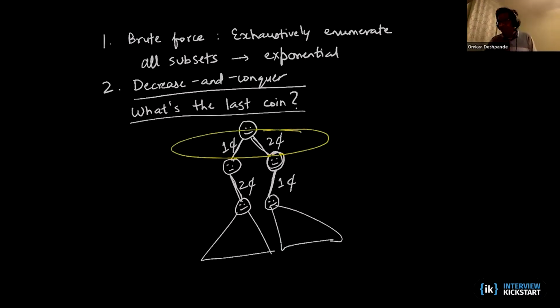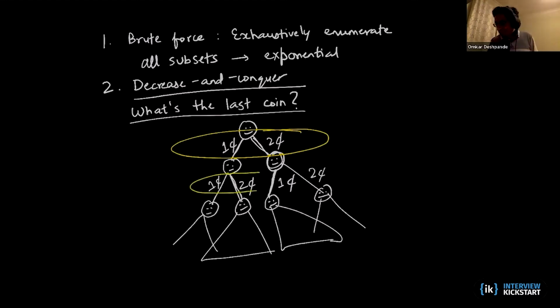If I, as a lazy manager, focus only on this and then I hire subordinates under me, my left subordinate will focus only on these two choices, and same with my right subordinate.